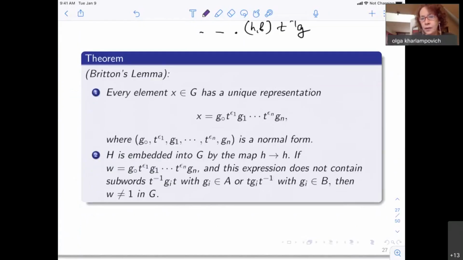If it doesn't contain subwords, then the normal form is non-trivial. Yes, it is a corollary. But I put it here because it's exactly the statement they use in the constructions of Boone and Novikov. They needed something to say that some word is not equal to one. Okay, thank you.